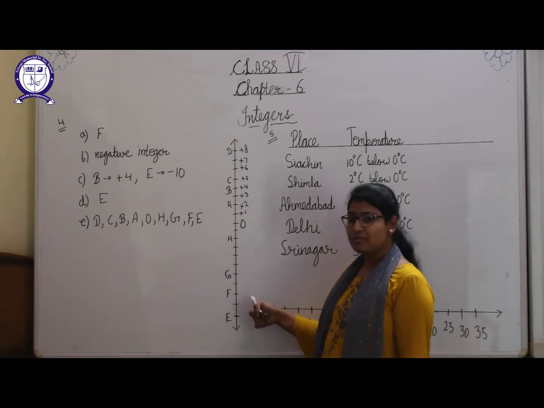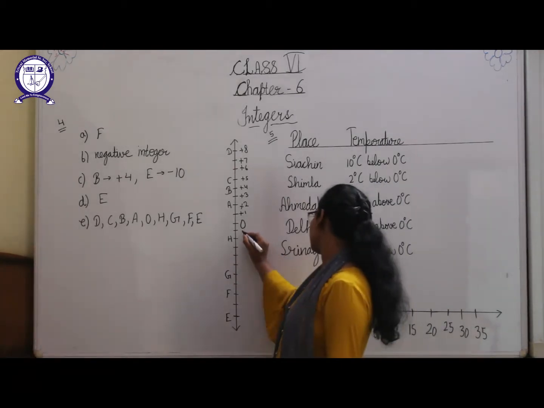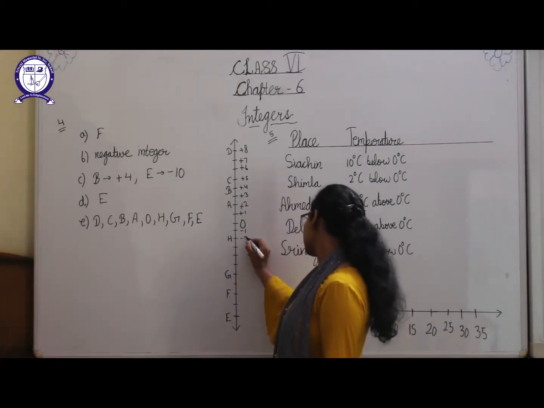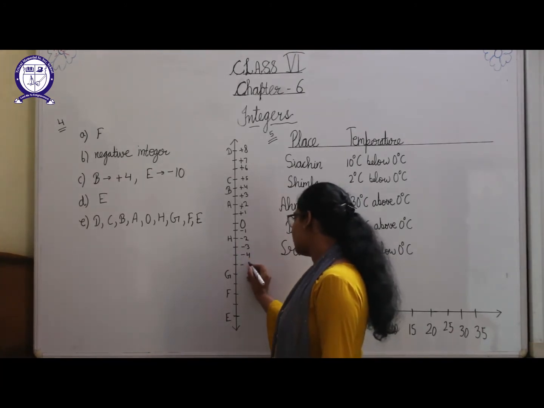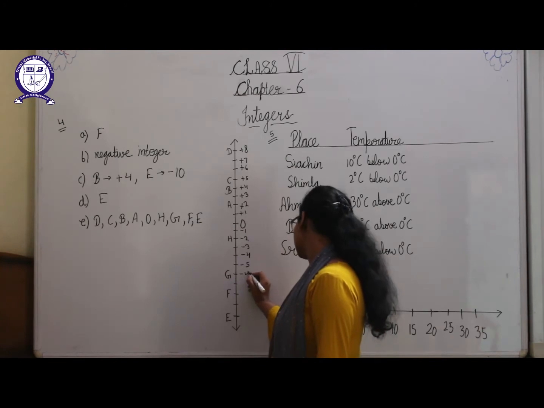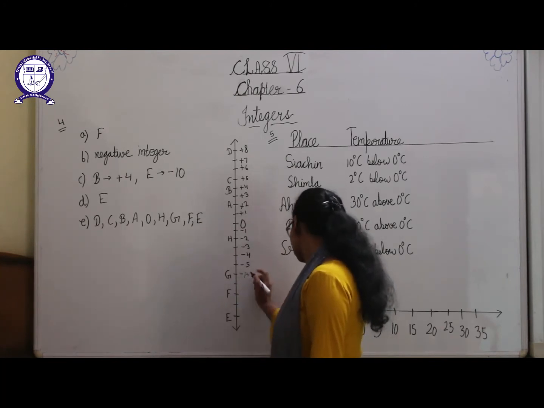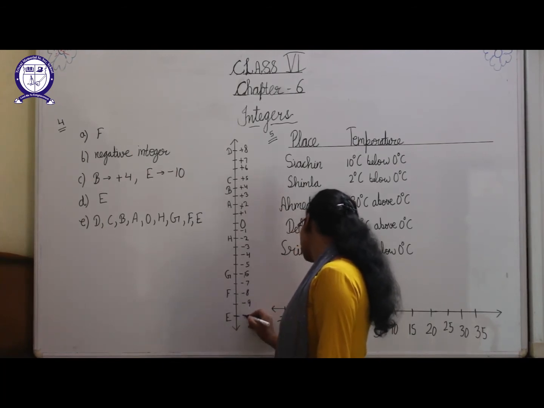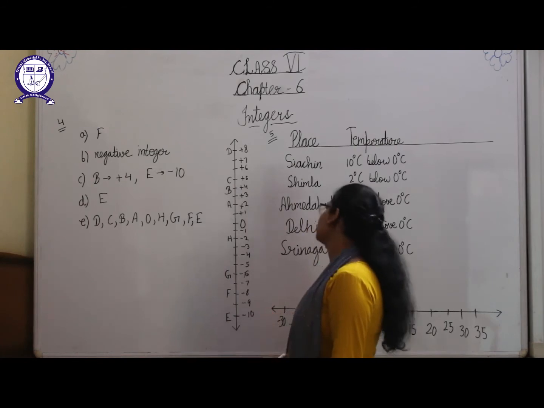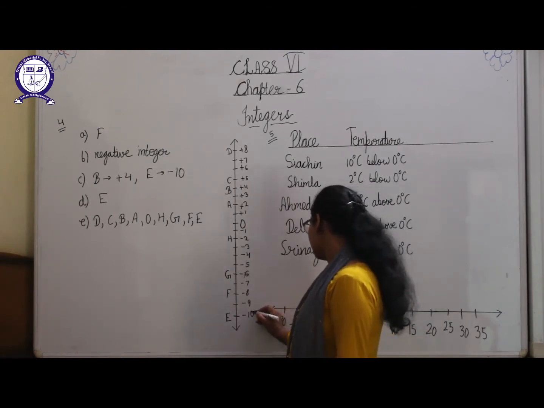Now below 0 will be minus 1, minus 2. So this is minus 1, this is minus 2, minus 3, minus 4, minus 5, minus 6, minus 7, minus 8, minus 9 and minus 10. These are the points on this number line.